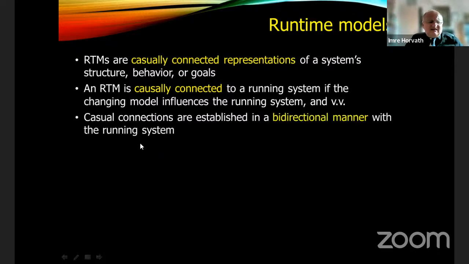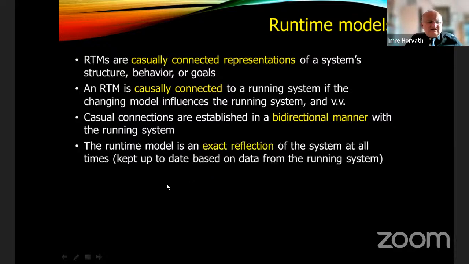So this can be achieved through the causal connections which are established in a bi-directional manner. It comes from the above statement that I mentioned: the connection of the model with the running system.